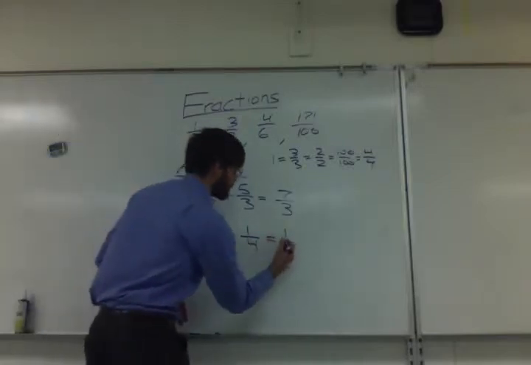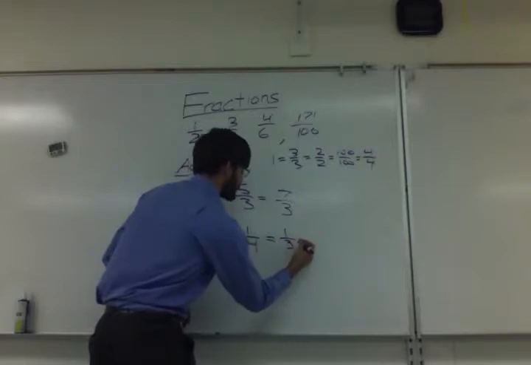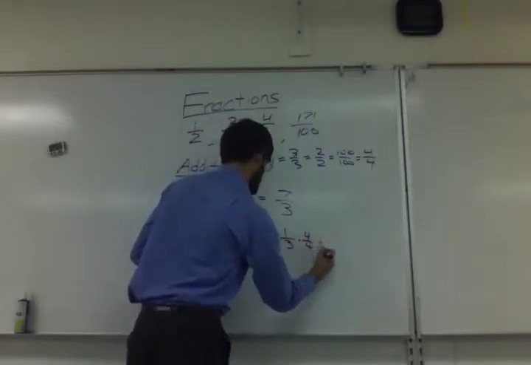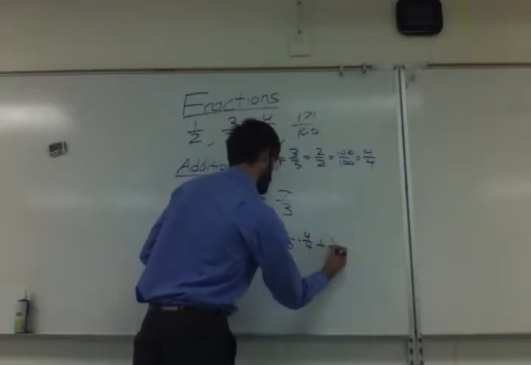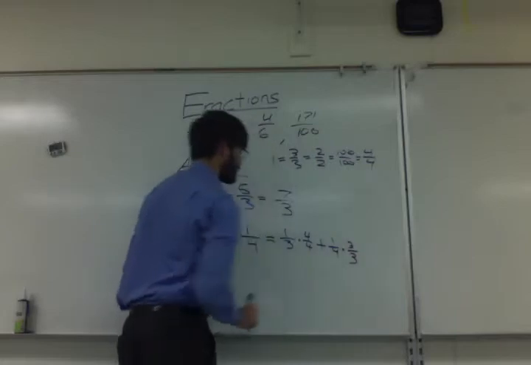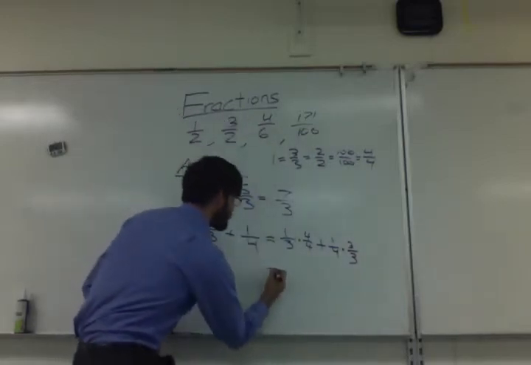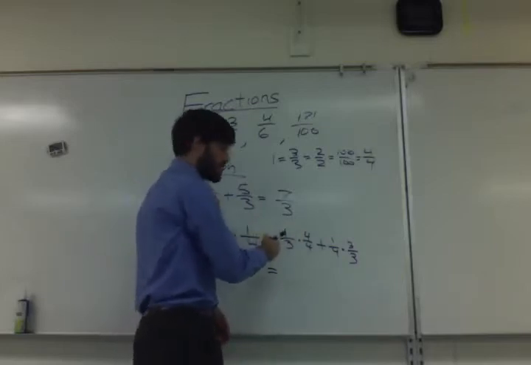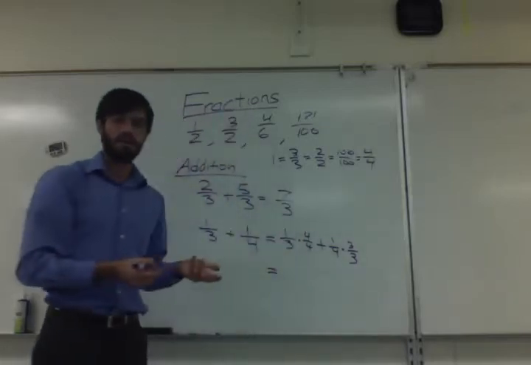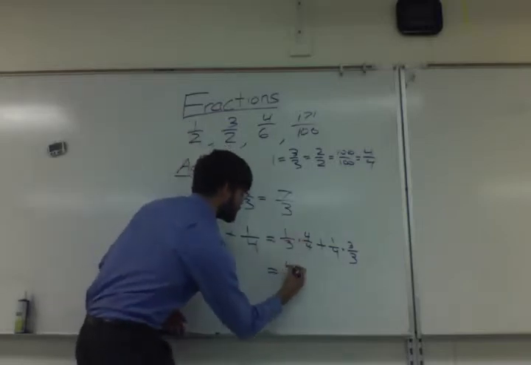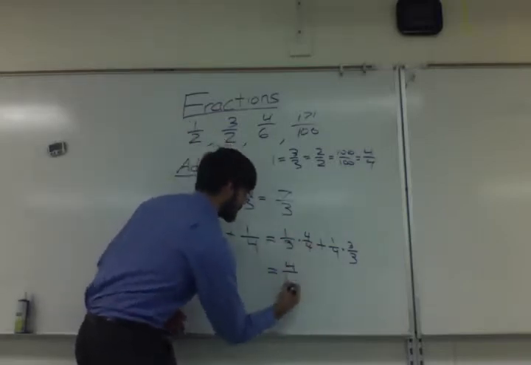So what I'm going to want to do is take 1/3 and multiply it by 4 over 4. And then I'm going to add that to 1/4 multiplied by 3 over 3. And doing the multiplication that we just reviewed, we know that I'm going to multiply the numerators together to get my new numerator and the denominators together to get my new denominator. So 1 times 4 is 4. 3 times 4 is 12.